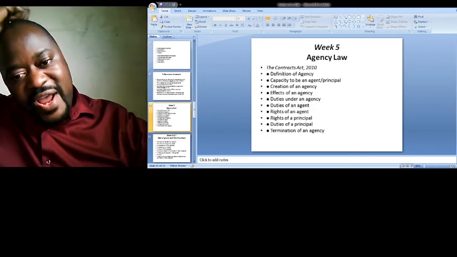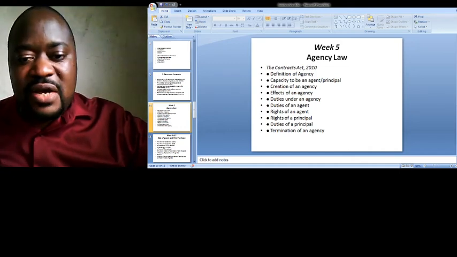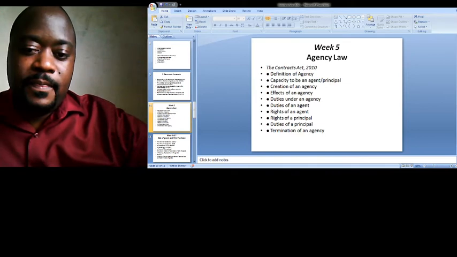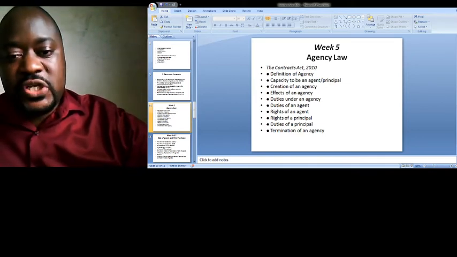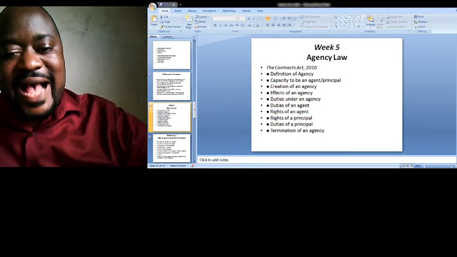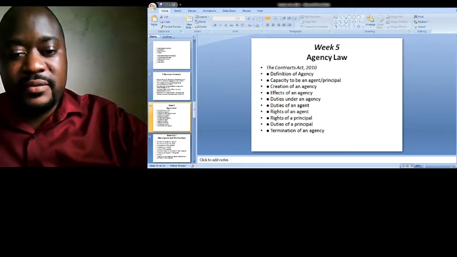In our week 5, we'll address ourselves to the law of agency. And the law of agency also derives its powers from the Contracts Act 2010.